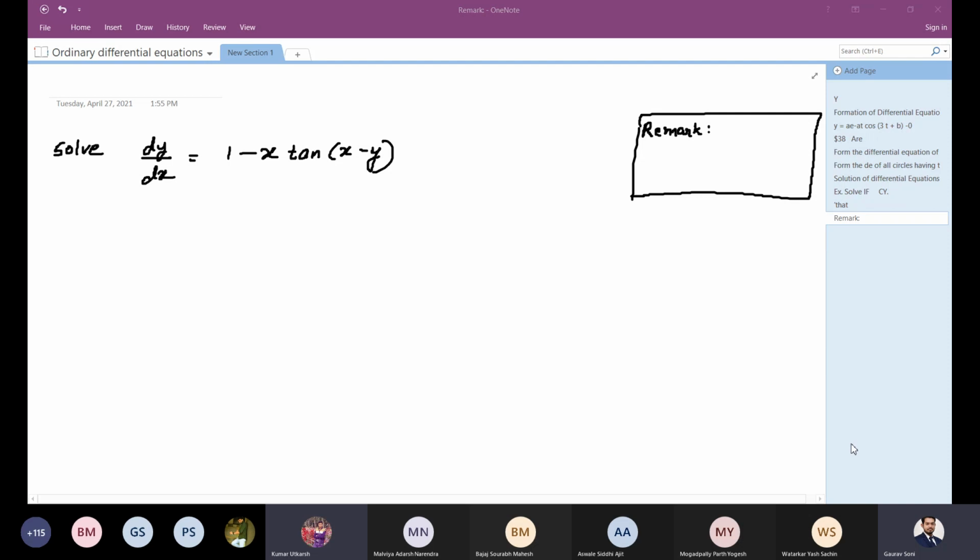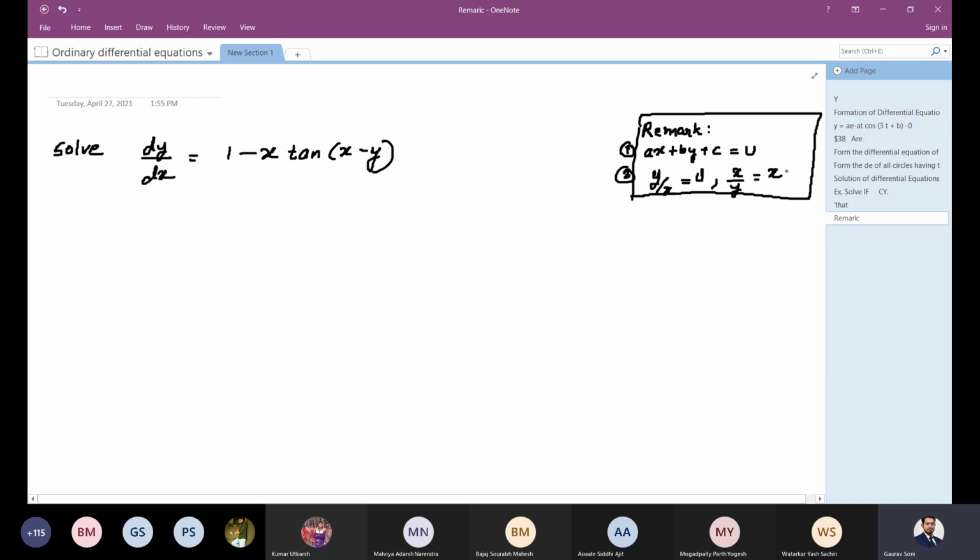First one is the linear substitution, which means you can put ax plus by plus c, say as u. The second one is the quotient substitution, where I can put y by x equal to u or x by y is equal to u.